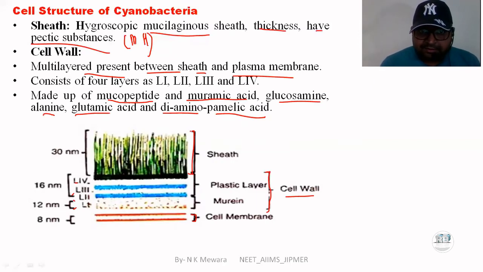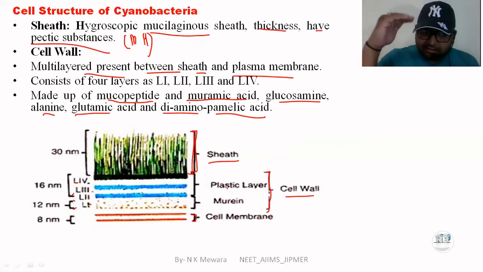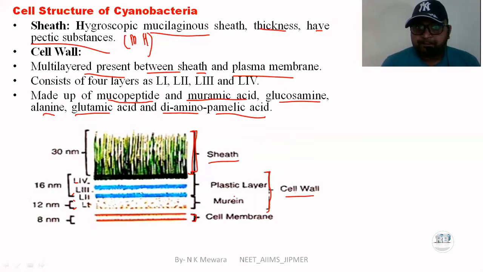The outer part of the cell wall is the sheet, a hygroscopic mucilaginous, gelatinous sheet. Below it, the cell wall is divided into two parts: the plastic layer and the murein. The upper three layers, toward the sheet or gelatinous layer, are known as the plastic layer, which is the hardest layer.